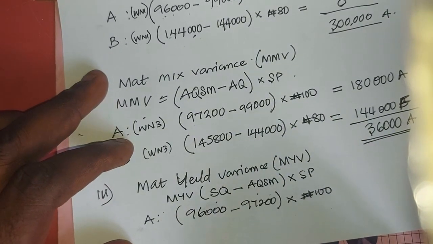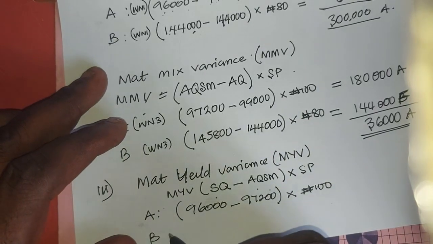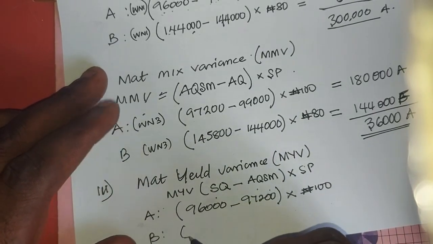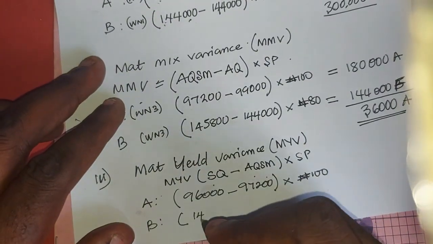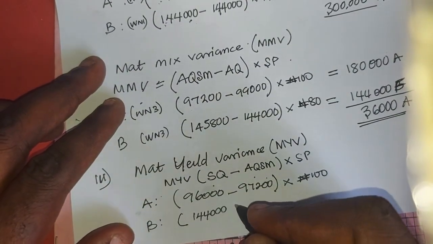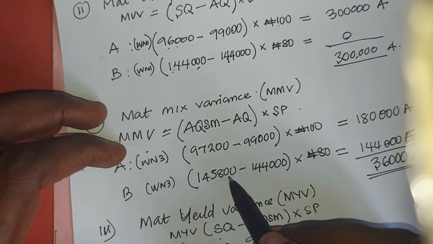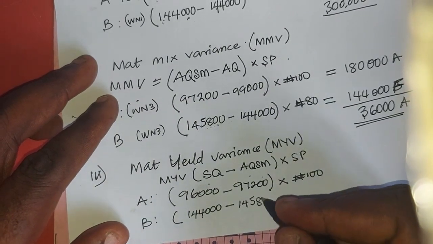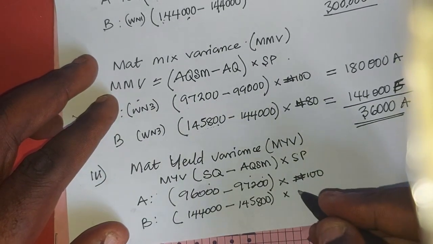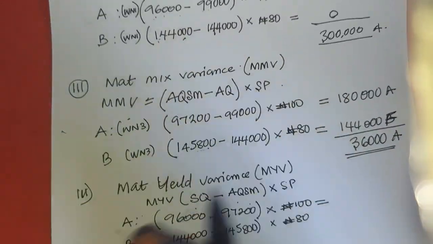Then for B, the standard quantity is 144,000 minus the actual quantity in standard mix, which is 145,800, multiplied by 80.